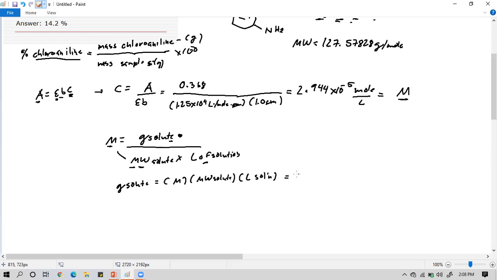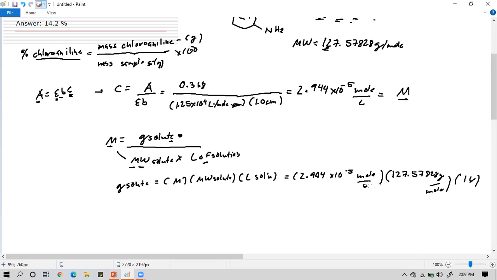Okay? Now, substituting the known values, which is 2.944 times 10 raised to negative 5 moles per liter times yung molecular weight na 127.57828 grams per mole times the 1 liter.